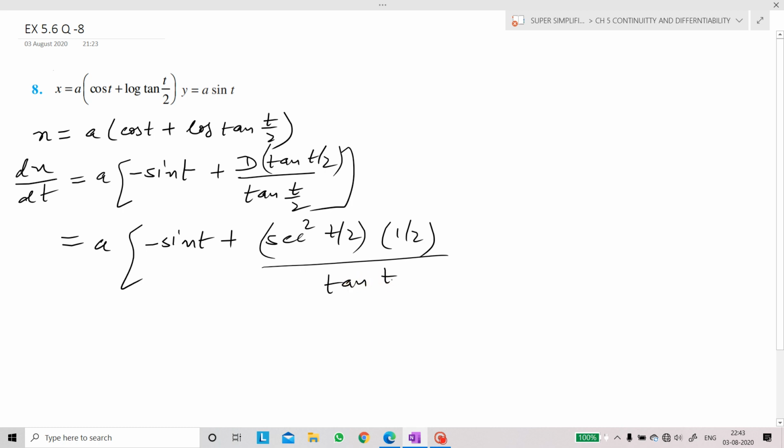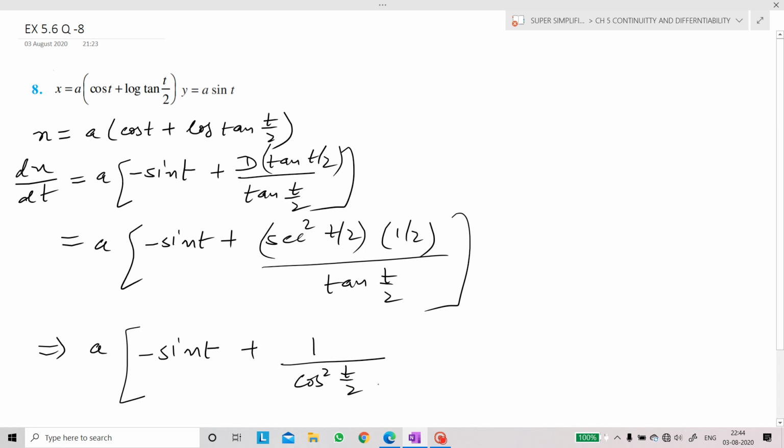tan t by 2. Now students, we have to simplify these two terms, sec square t by 2 and tan t by 2. So we write them in terms of sin t and cos t. As we know, sec square t by 2 can be written as 1 upon cos square t by 2.